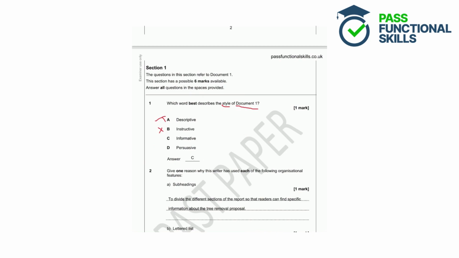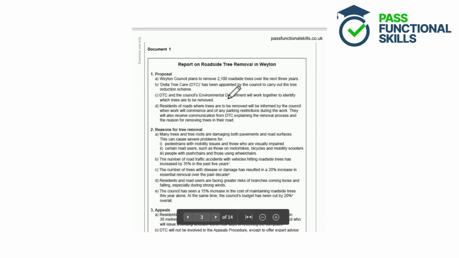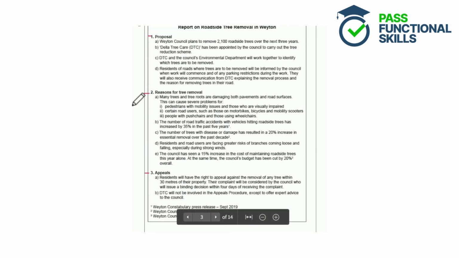C, informative. Well, if we look at the document, we can see that it is informing the reader on something. We've got these subheadings, so we've got proposal, reasons for tree removal and appeals. So these are informative subheadings aimed to increase the reader's knowledge on a topic.